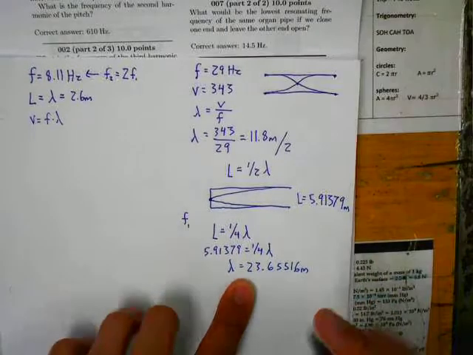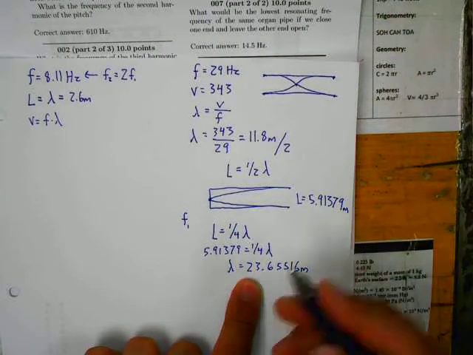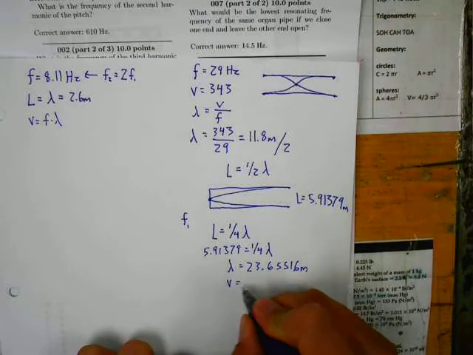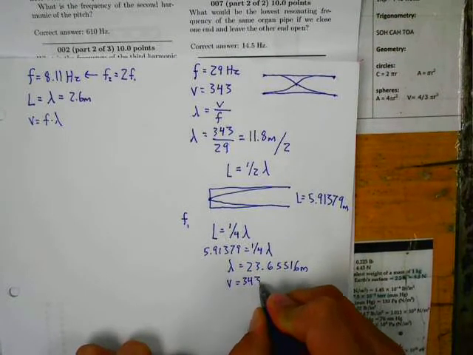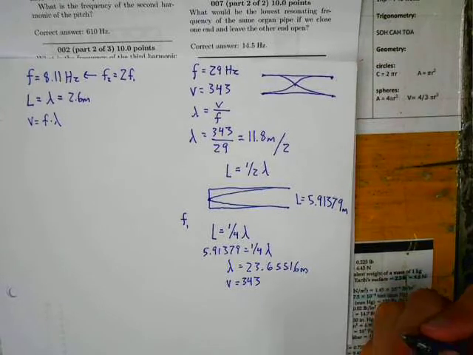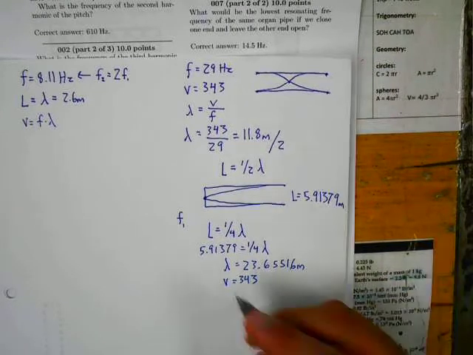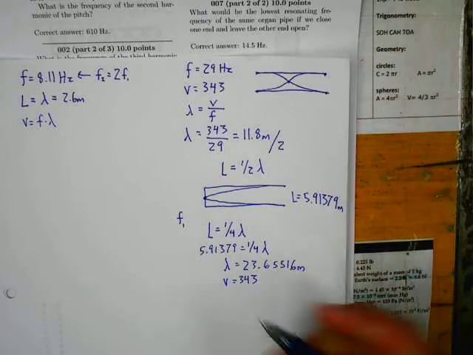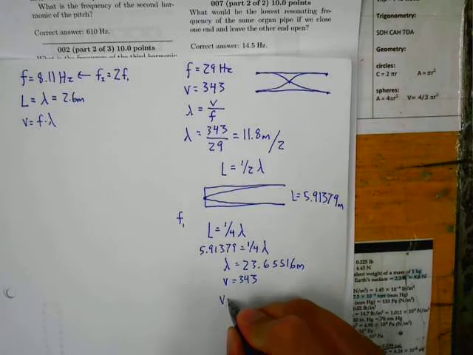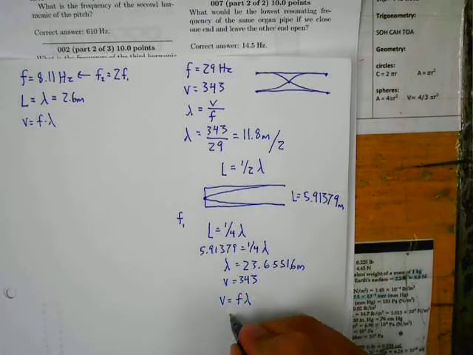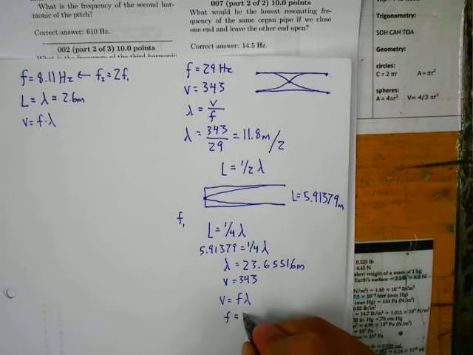All right, now if I've got lambda and I've got the velocity, which I do, velocity is still 343. If I've got both of those, then I can get the frequency, which is going to be F1. So V equals F lambda. F is equal to V over lambda.